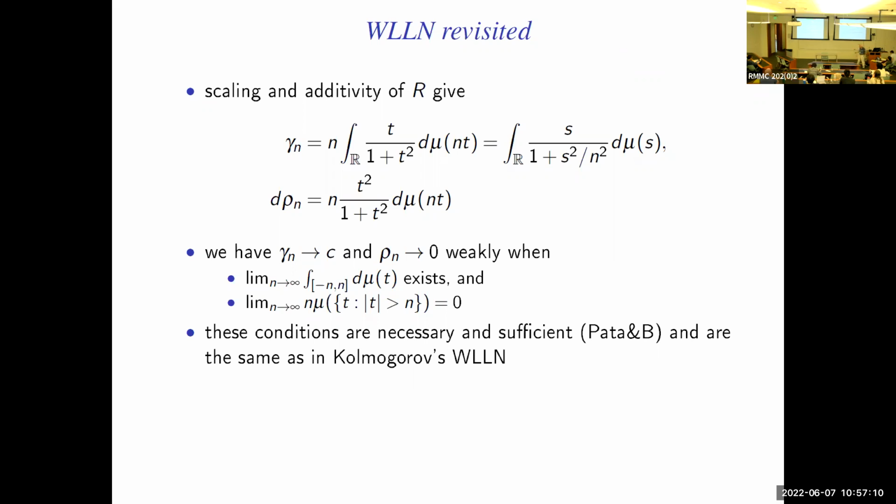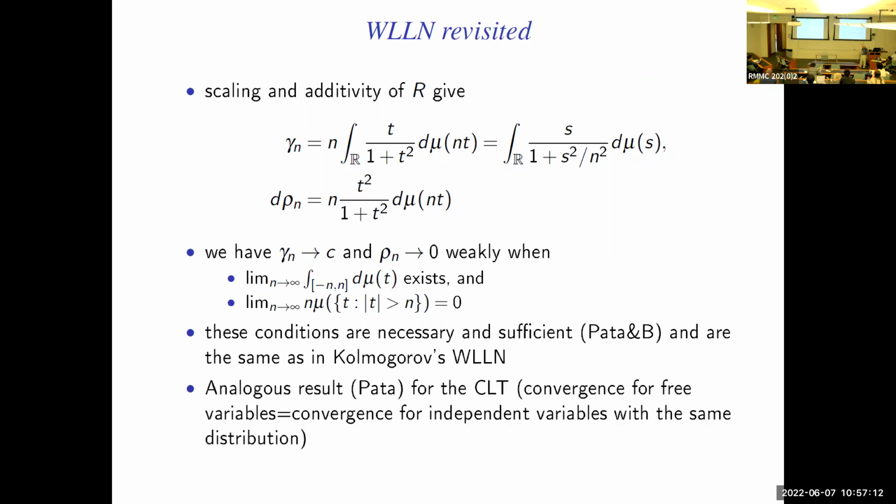And what he found is that the conditions that obtain in the free case are exactly equivalent to the conditions that obtain in the classical case. So that was Pata's result. And after that, we thought, how about taking a look at something simpler than the central limit theorem, which is the weak law of large numbers. And it turns out that again, it's exactly the same answer.